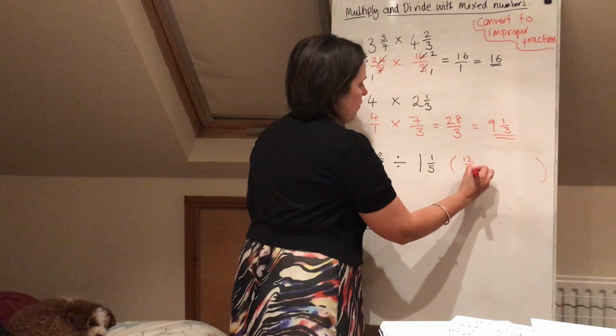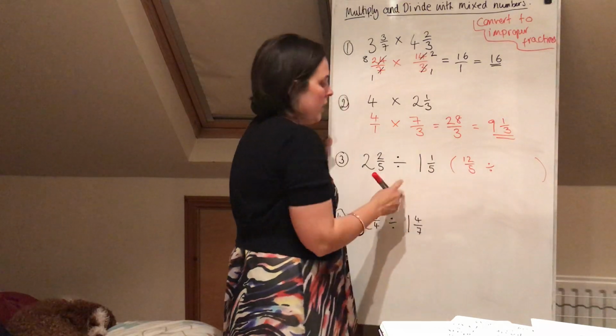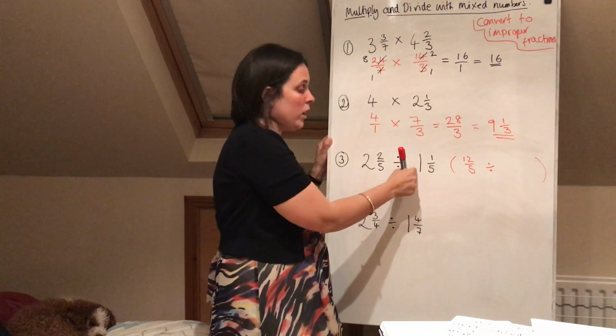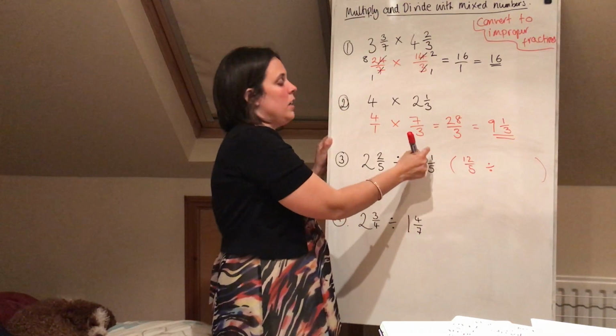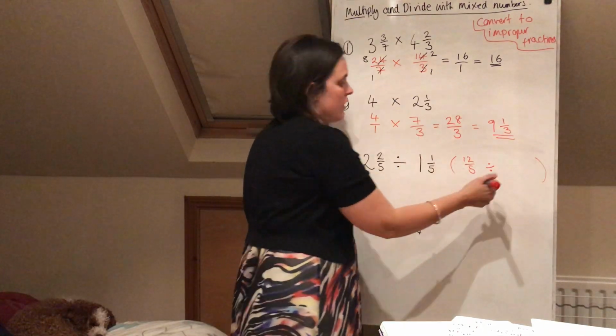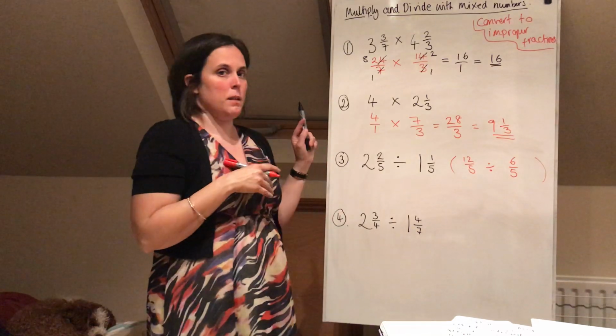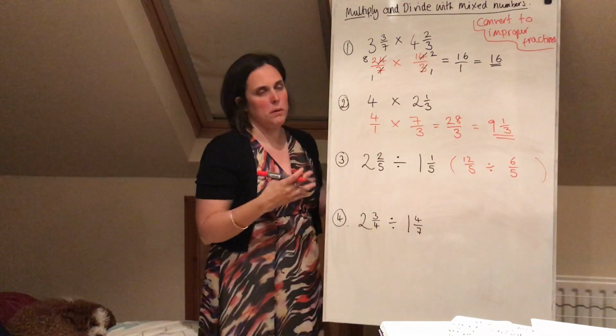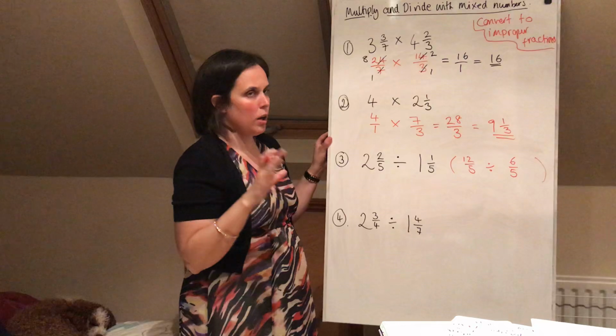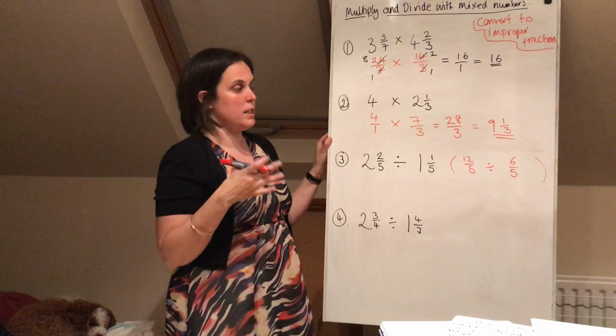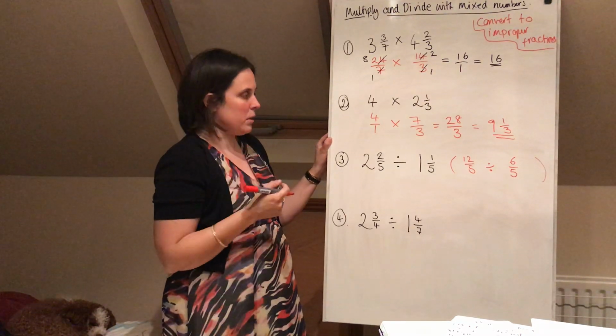So we'd have 12 fifths divided by 1 1/5. 1 whole one has got 5 fifths, plus the 1, so that's 6 over 5. I've put it in brackets here because once you become more confident you might be able to do these 2 steps at the same time, but it's up to you, and at this point I would recommend you take it 1 step at a time.